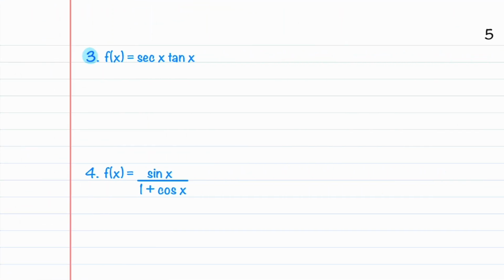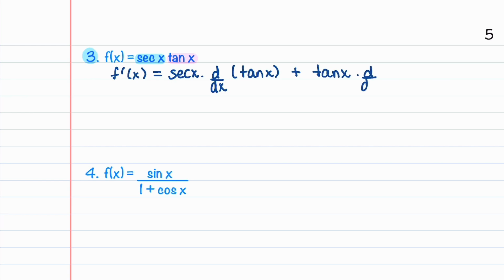This example also has 2 functions. The first function is secant x, and the second function is tangent x. Our derivative then is our first function, secant x, times the derivative of our second function, tangent x, plus our second function, tangent x, times the derivative of our first function, which is secant x.